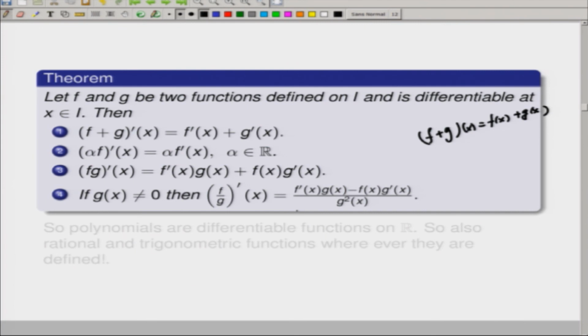Interestingly also, if g of x is not equal to 0, then I can define f of x by g of x at that particular x. Now, look at that: g is a continuous function.